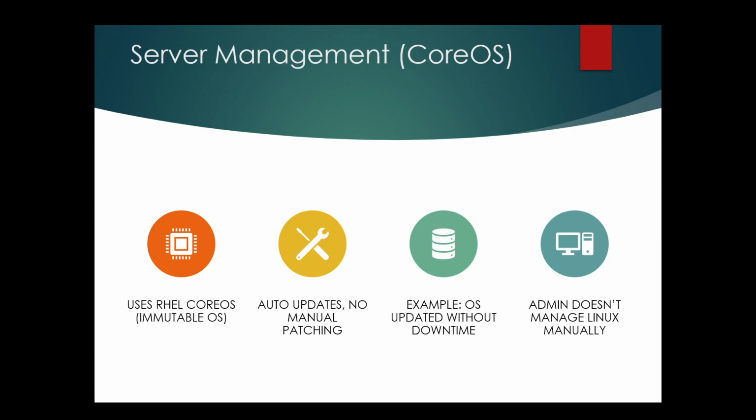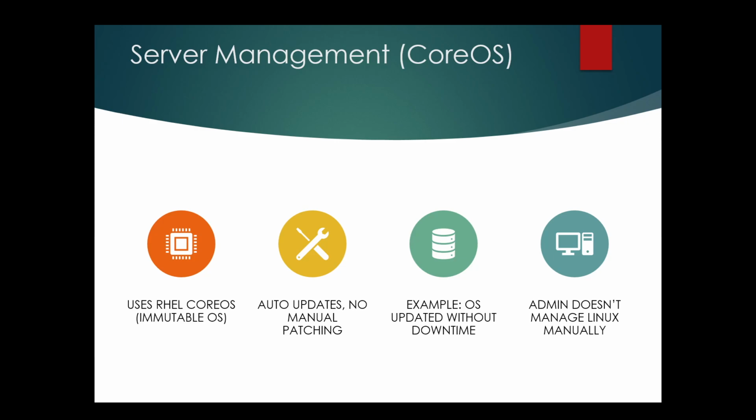Next, in terms of server management, that is the core operating system, you use the immutable operating system, Red Hat CoreOS. Then you have auto updates, with no manual patching.